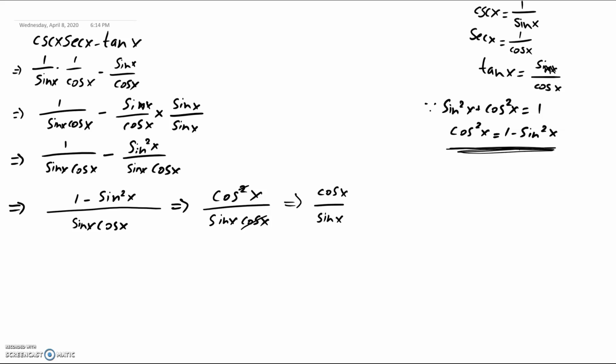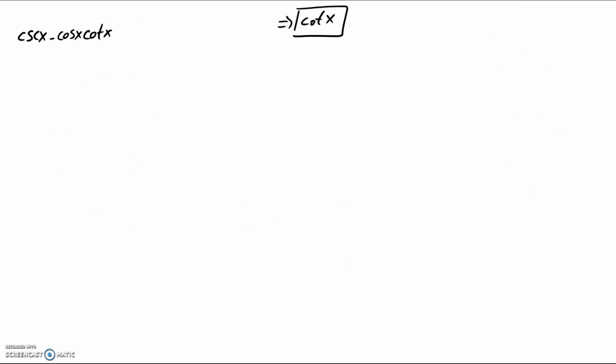Okay, and there is another identity that cot x is equal to cos x over sine x. So I will change the current expression into cot x, and this is our final simplified form of the given expression.